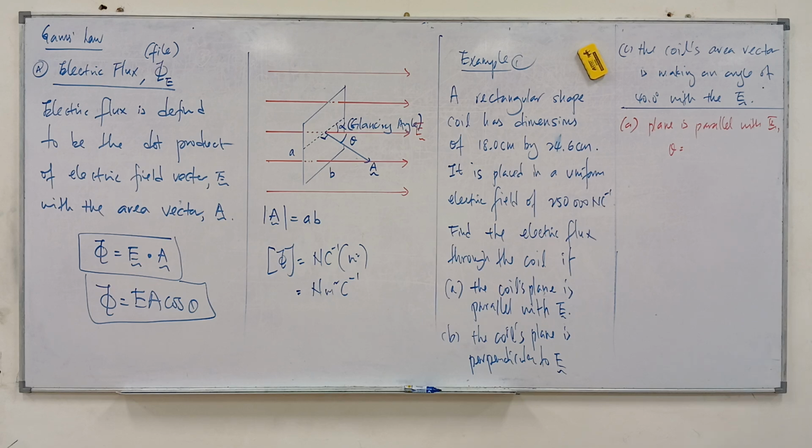Your surface is parallel with E. 40 degrees? 40 is a third scenario. Parallel. You look at this one. This one is a surface. 180? No. Degrees, now this is the surface we're talking about.